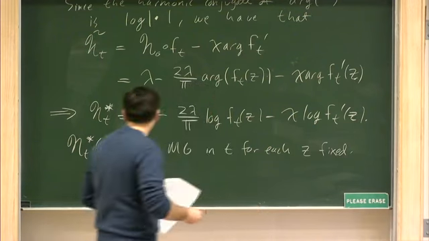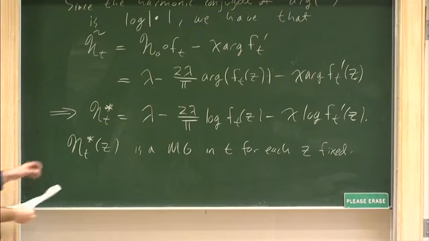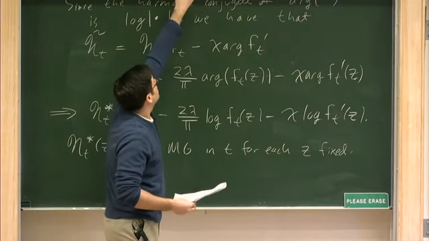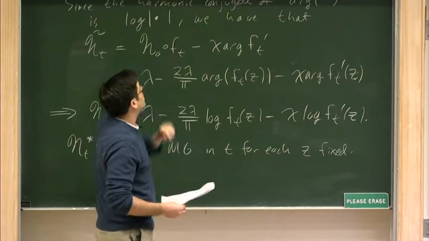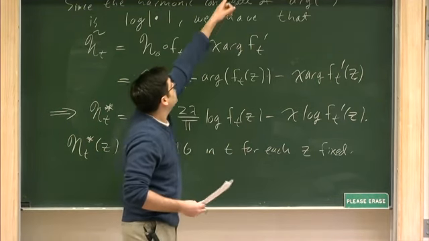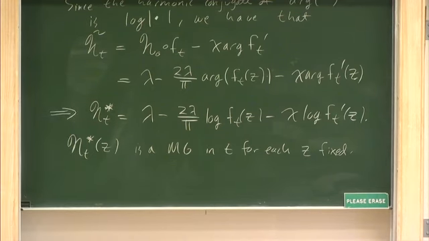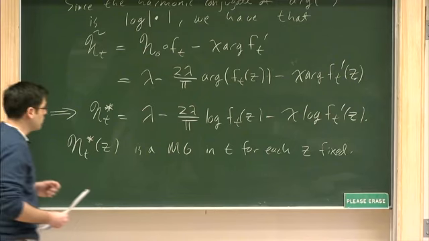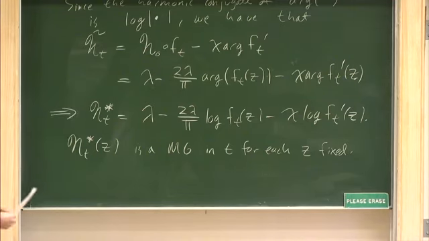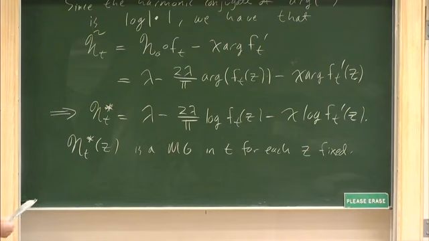The reason for this is that we know that ht tilde, the one up here, is a martingale in t. And the harmonic conjugate, ht star, can be gotten from ht tilde in a linear way. Since a linear transformation of martingales is going to give you a martingale, it follows that this is also a martingale.